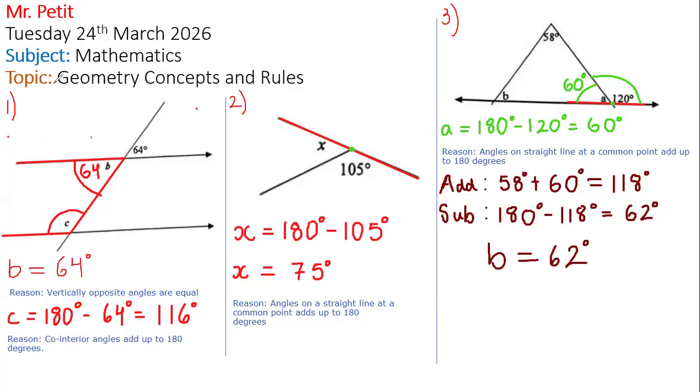How we got it? What's the reason? Angles in a what? Triangle. Very good. Add up to 180 degrees. You understand it, Brian? Yes, sir. Okay, that's good.